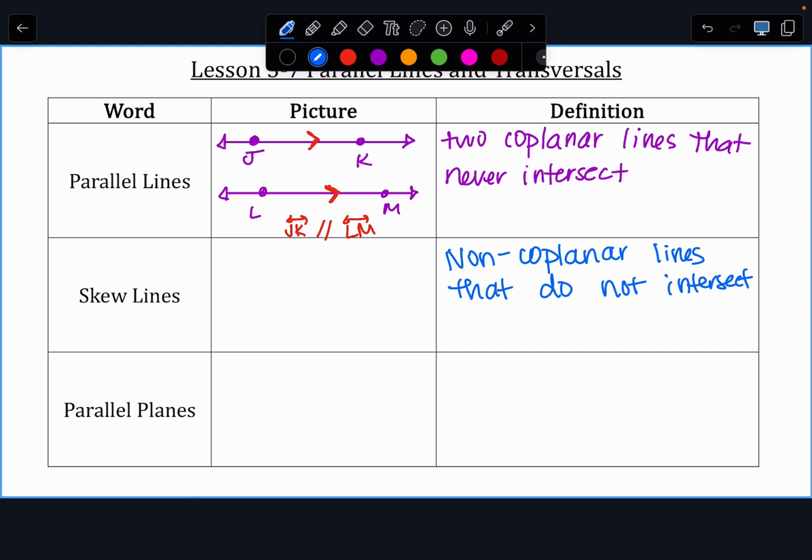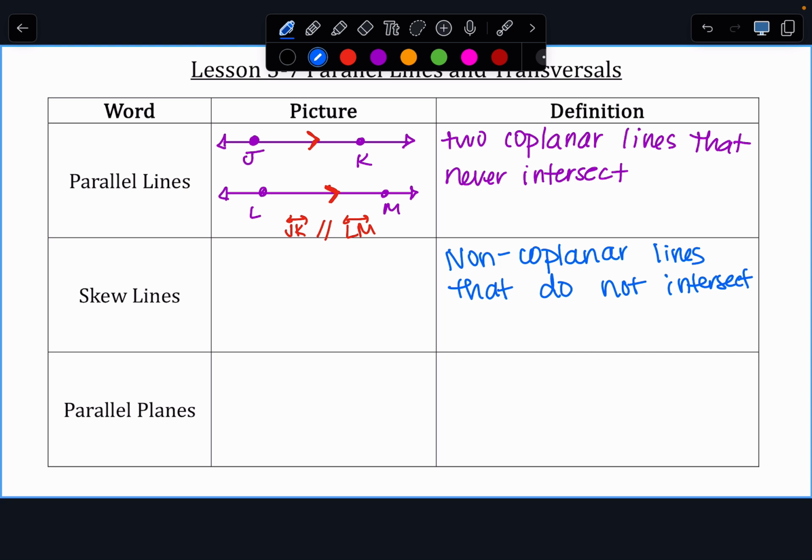Okay, now let's think about this room. Two parallel lines: if I think about the edge right here on the floor and the edge at the ceiling, those are two parallel lines, correct?